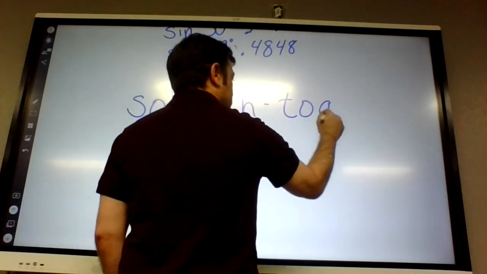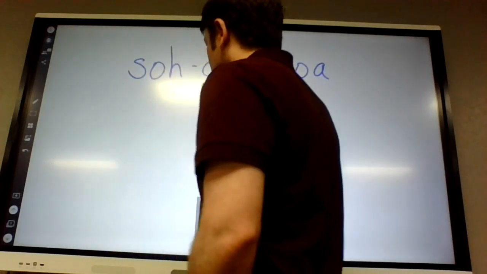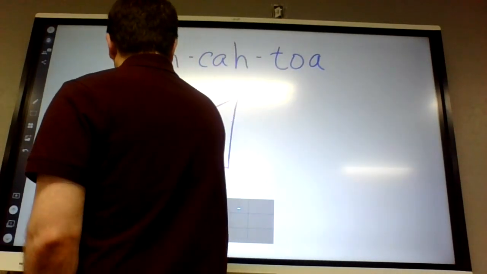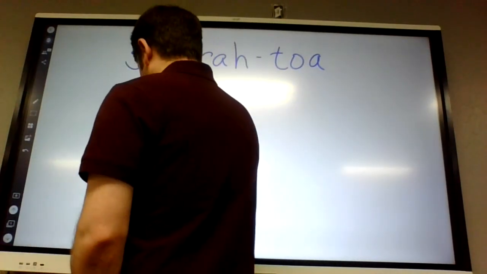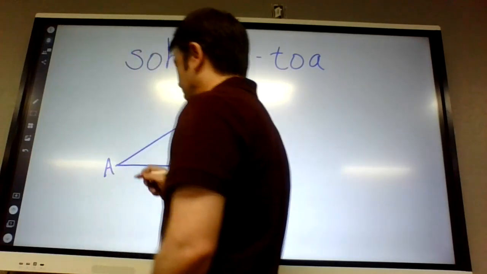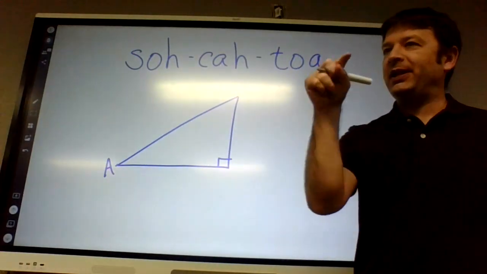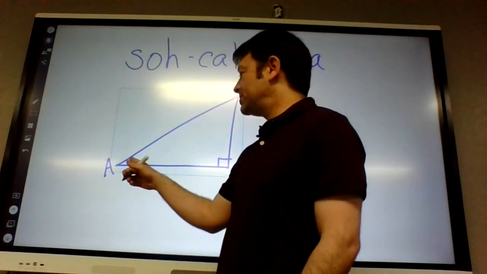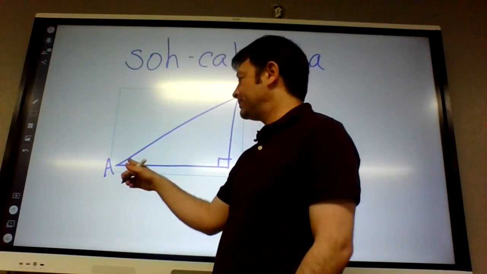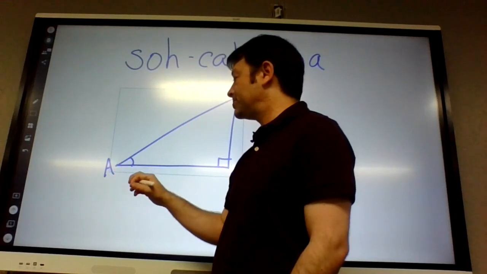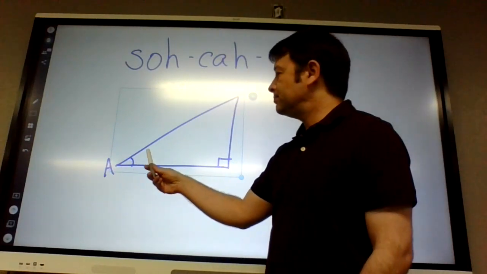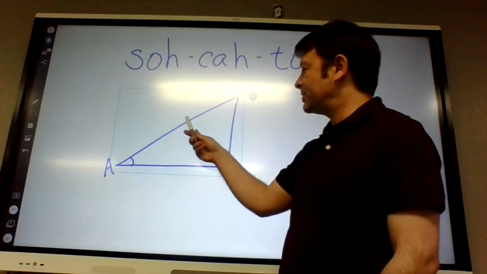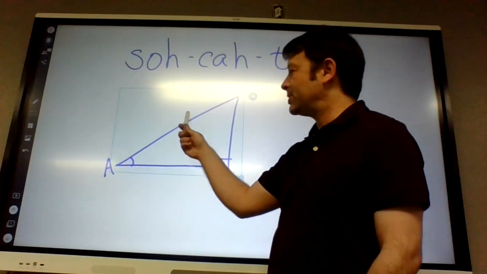Actually, before I talk about that, go back to my triangle for a second. You remember how I said you always put the angle into the function? So let's say this is angle A right here in this corner. What side of a triangle is this? If it's a right triangle, this is the what side?